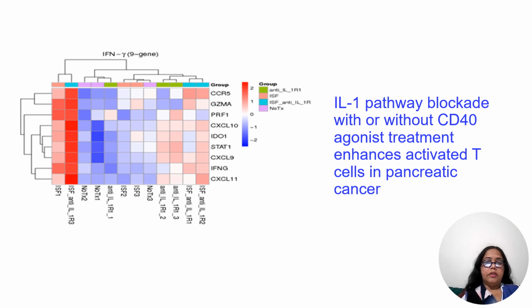You can see all the activated T cell molecules here like granzyme, CXCL10, STAT1, interferon gamma, CXCL11 are higher in the combination group than with CD40 agonist alone. Also higher when we compare with interleukin-1 alone and no treatment. So this is the interleukin-1 alone, and here is no treatment.